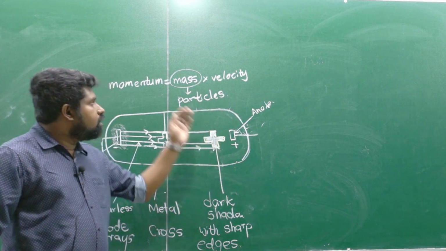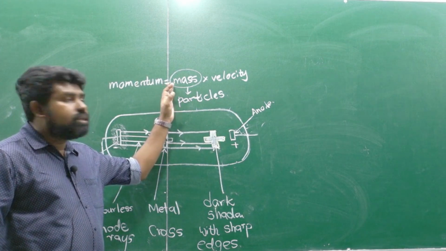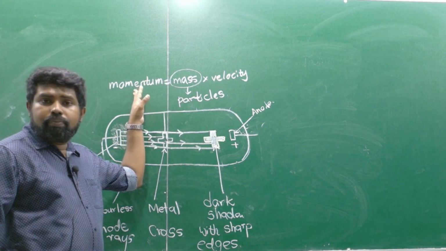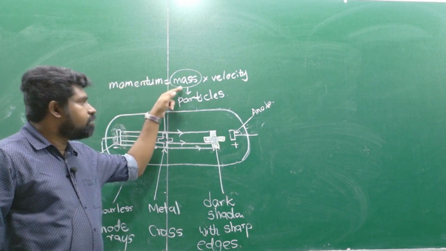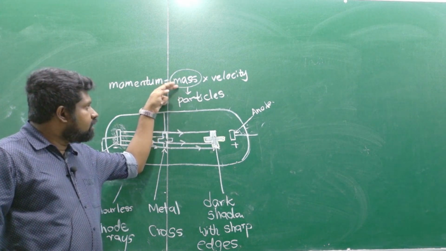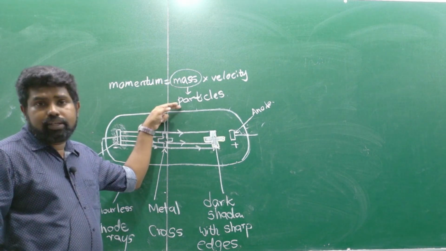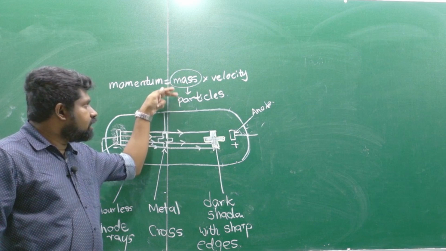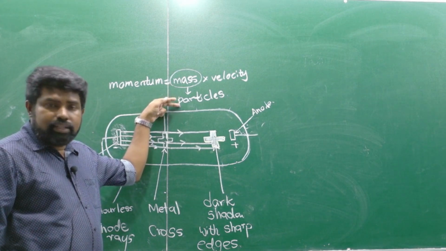So if Thomson can conclude that cathode rays have a momentum, that means there is a mass, and anything that has a mass is a particle. So there is a particle nature in cathode rays.